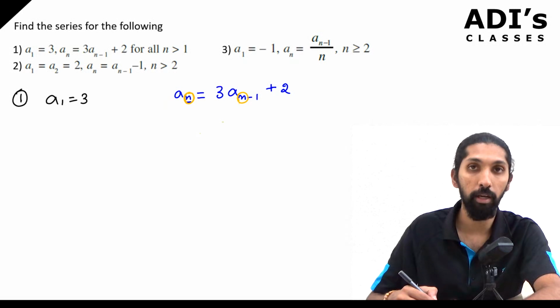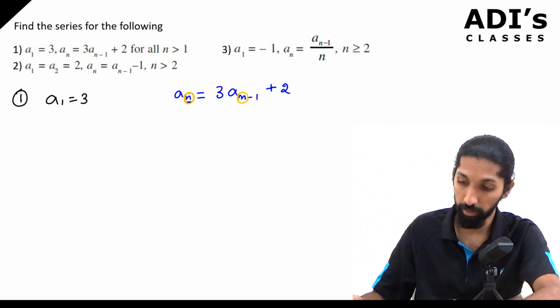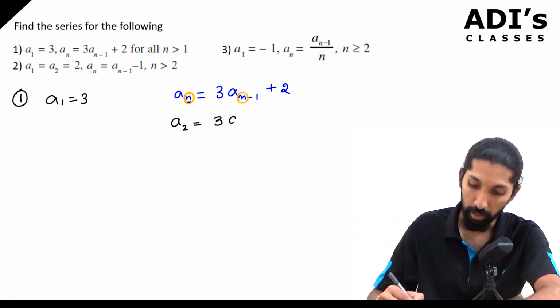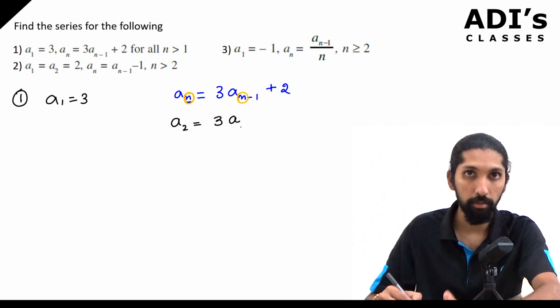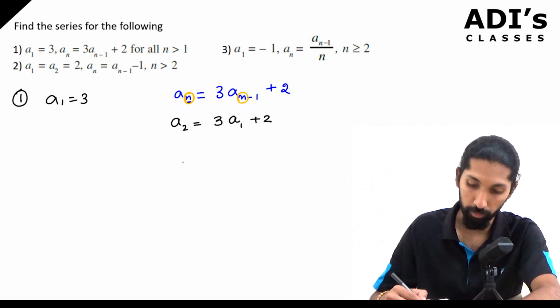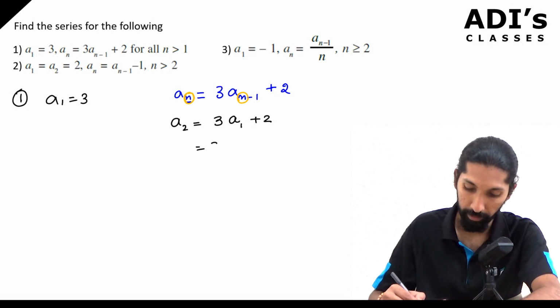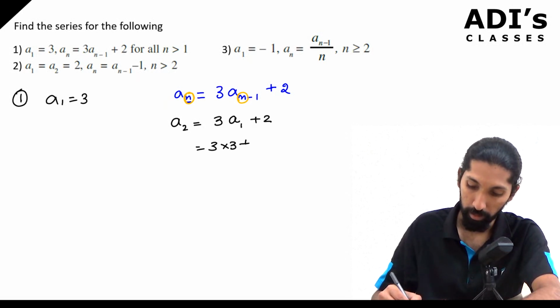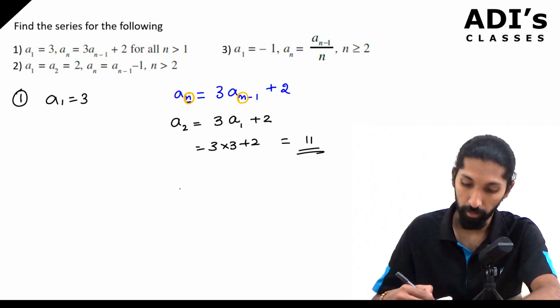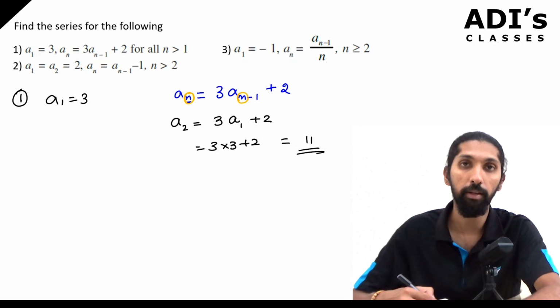Alright. So we'll have a2 is equal to 3 times a_(2 minus 1), which is a1, plus 2, which will be 3 into 3 plus 2. 9 plus 2, 11. So second term is going to be 11.